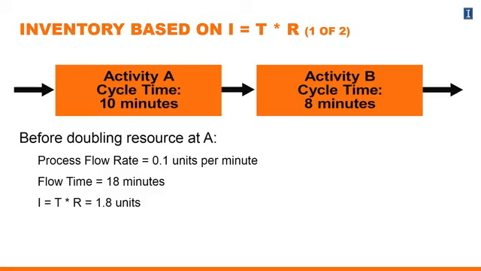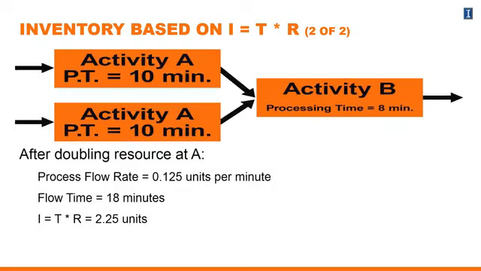So before we double the resource at A, we have a flow rate of 0.1, a flow time of 18, so inventory of 1.8. After you double the resource at A, the flow rate became 0.125, the flow time became 18.